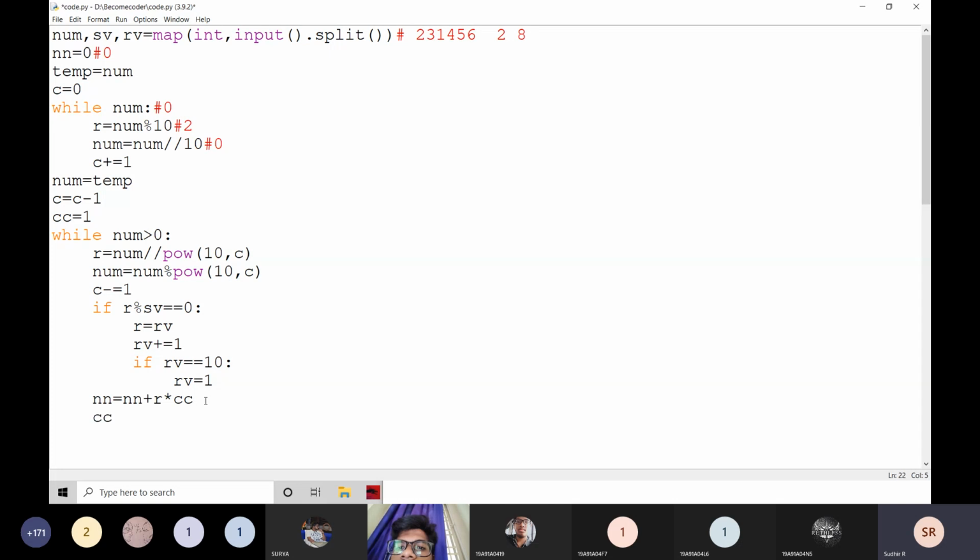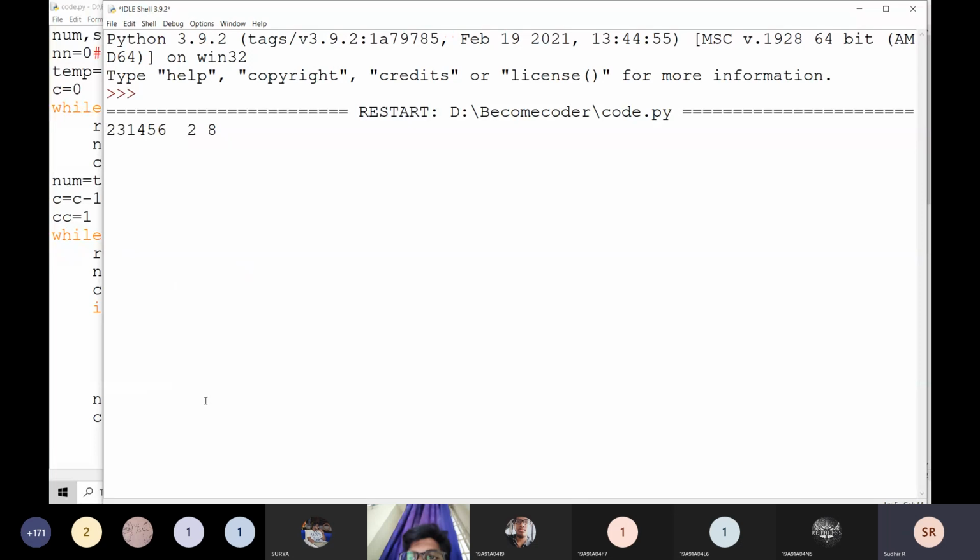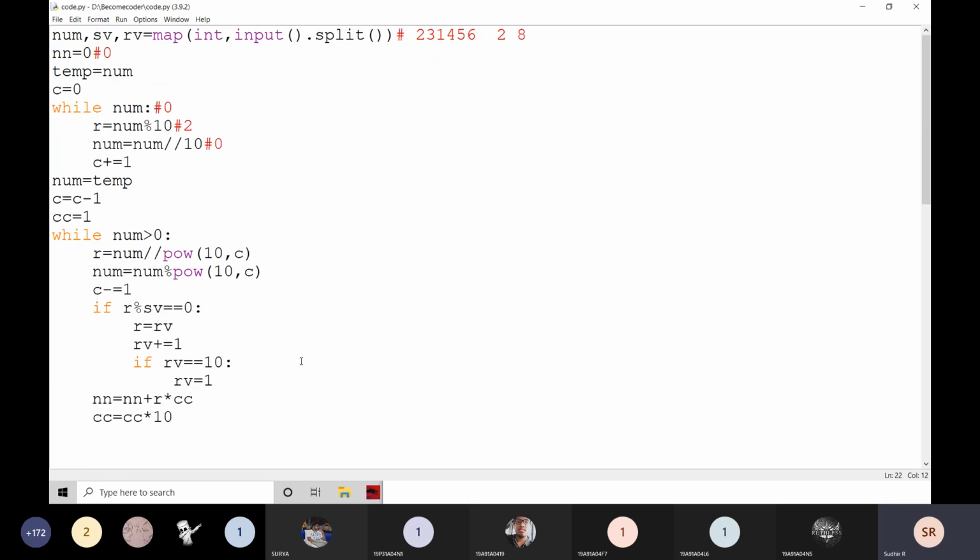The cc value is always cc is equal to cc into 10. Okay, I will write it. What I'm writing, what is the new number? RV, R is equal to SV.